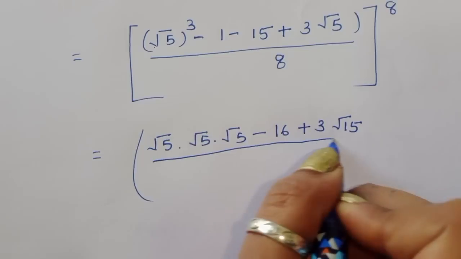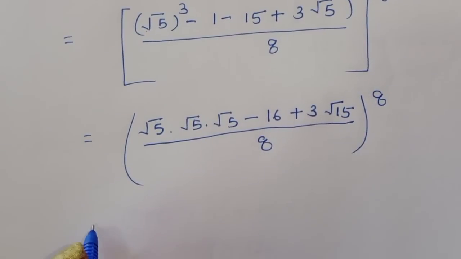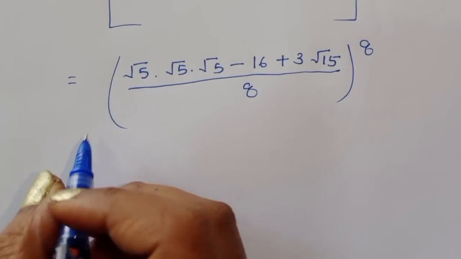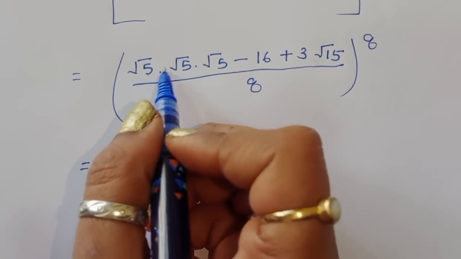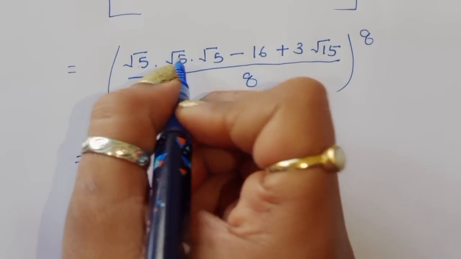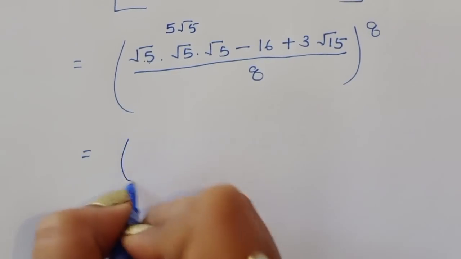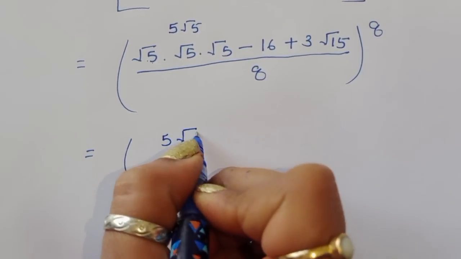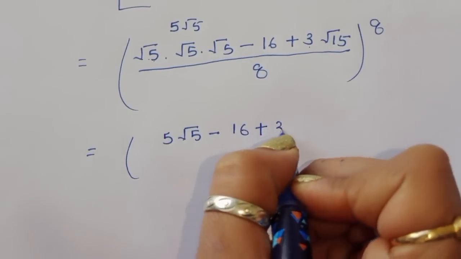Divided by 8 power 8 is equal to, now square root of 5 times square root of 5 times square root of 5. So when we are multiplying this, we will get 5 square root of 5. So 5 square root of 5 minus 16 plus 3 square root of 5.